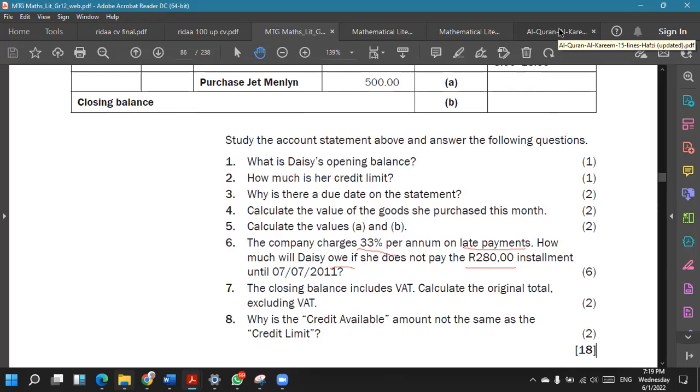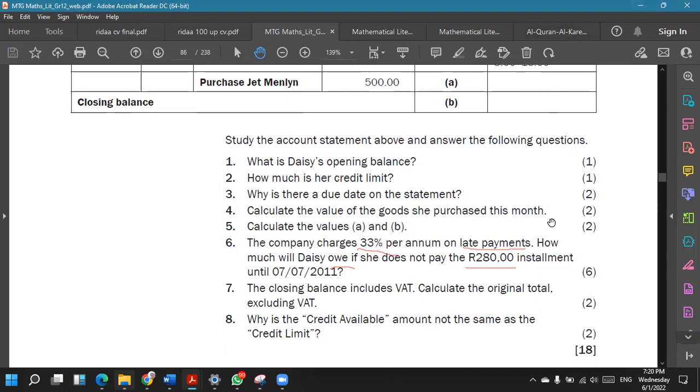Just come and think about this. The company charges 33% per annum on late payment. What do you understand by 33% per annum on late payment?